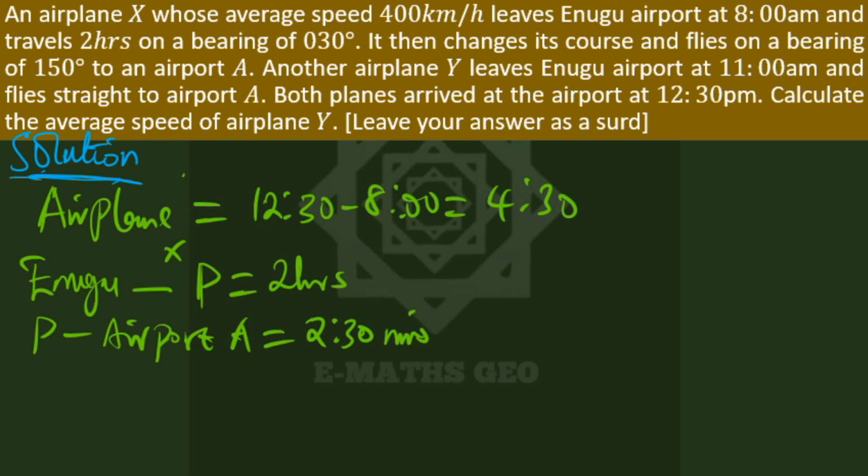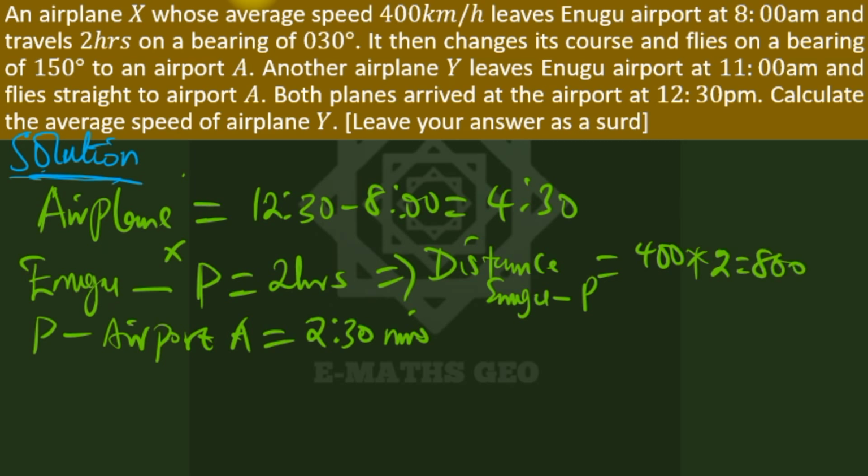Here we are not given the distance, but they gave us the average speed of the airplane. So the distance from Enugu Airport to point P will be, distance is speed times time, so we have 400 times 2 hours, which is 800 kilometers.